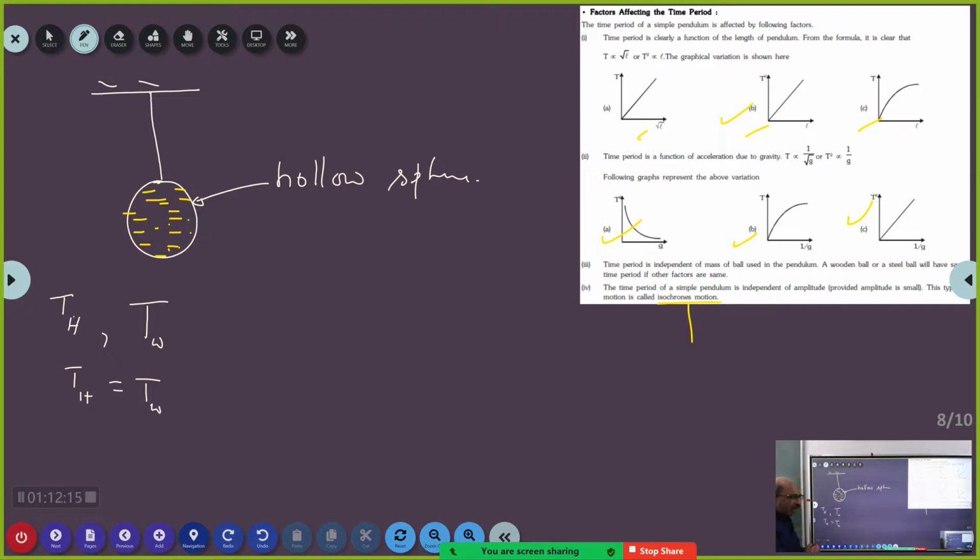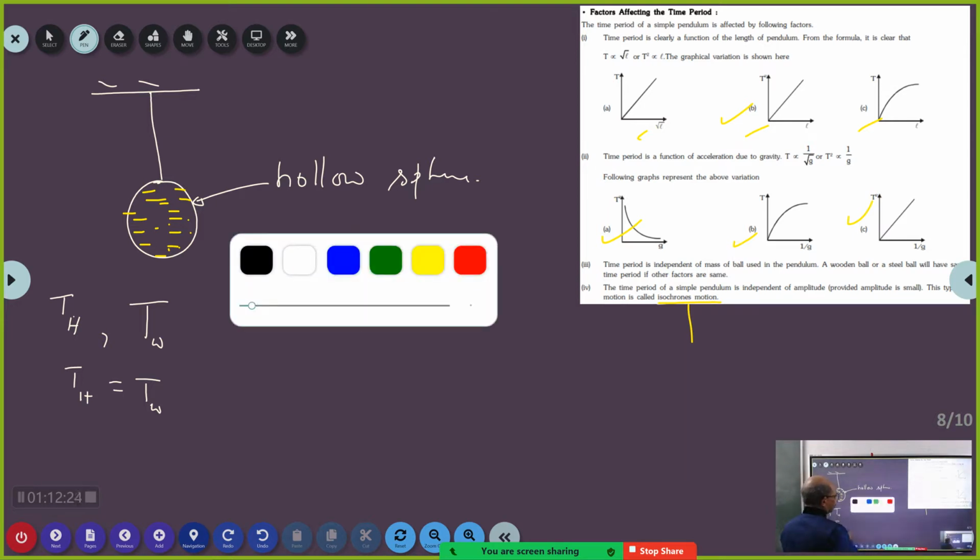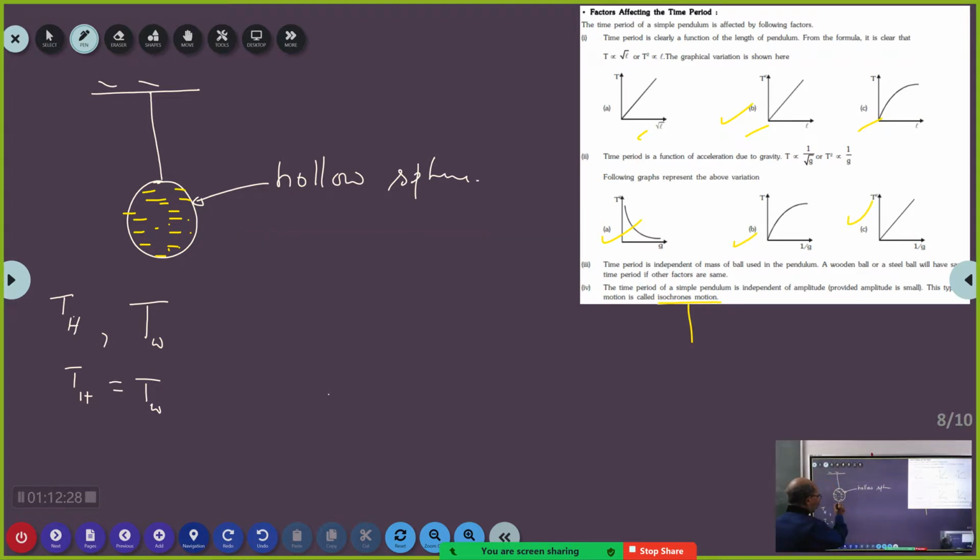Done. Clear? Alright. Now I will make a small hole here. There is water here. I will make a small hole and set it to oscillation.